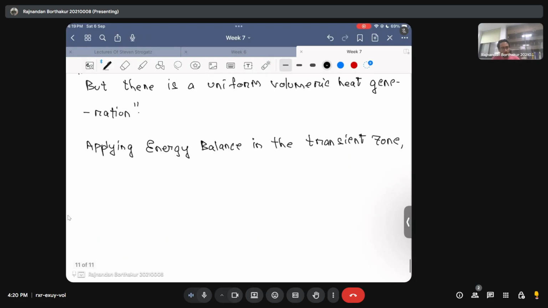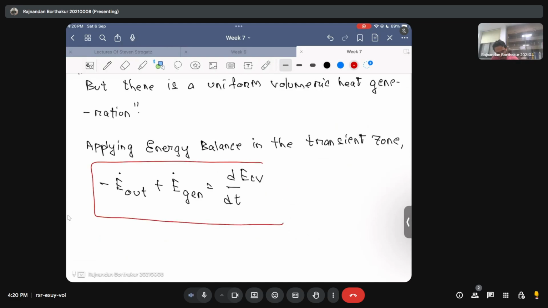If we do this, it becomes obvious that minus E dot out, that is the energy going out, plus the energy generated, E dot gen, but now instead of being 0, since we are looking into the transient zone, this will be d/dt of the rate of change of energy inside the control volume. This is what the energy balance looks like in the transient scenario.